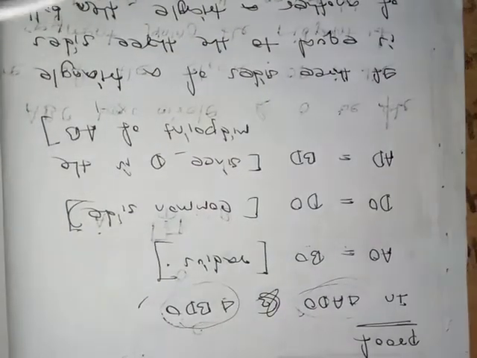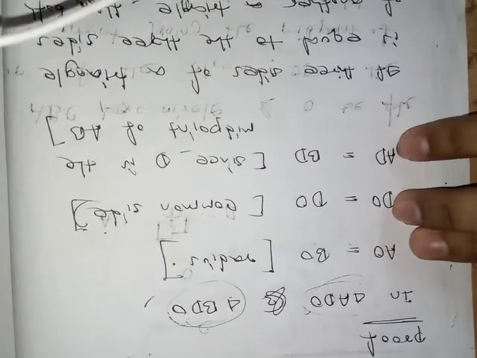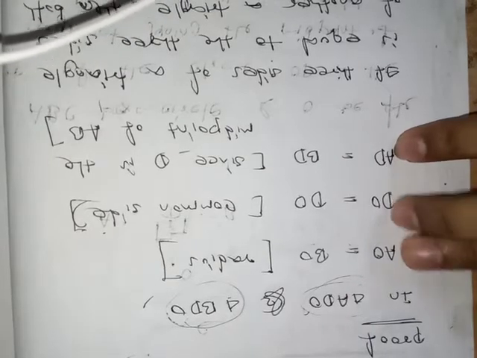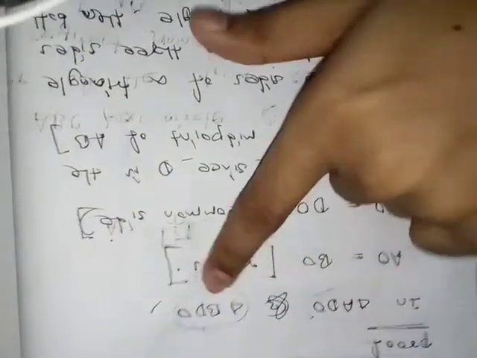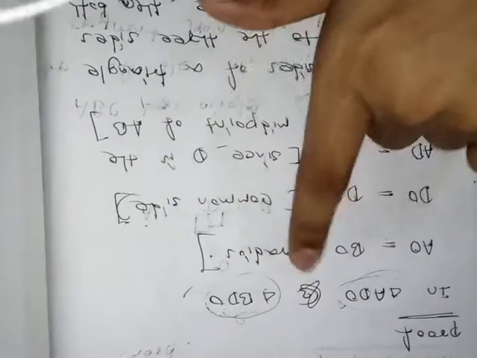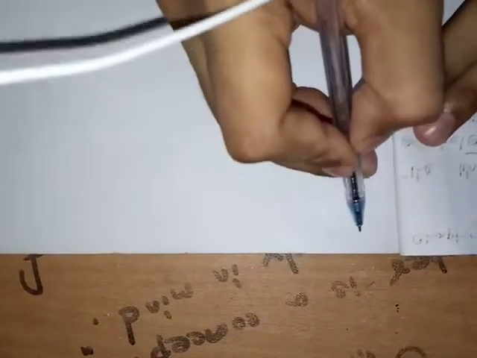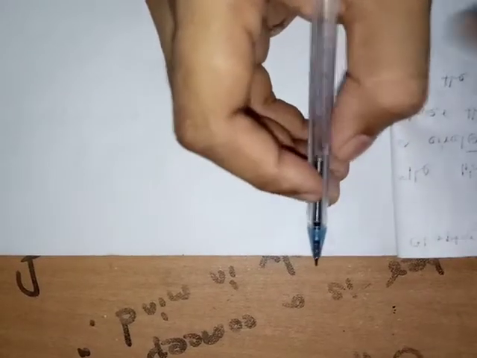Since we have shown that three sides of the triangle are equal to the three sides of the other triangle, these two triangles are congruent to each other. We write this mathematically or symbolically in this way.